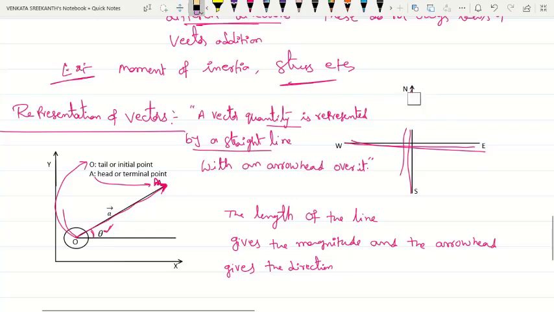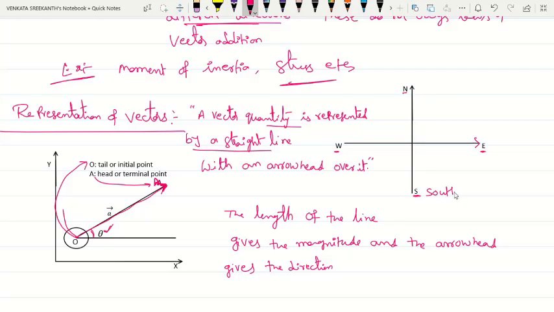After drawing the plus symbol, with respect to your facing, the right side is east, the left side is west, the top position is north, and the down position is south.